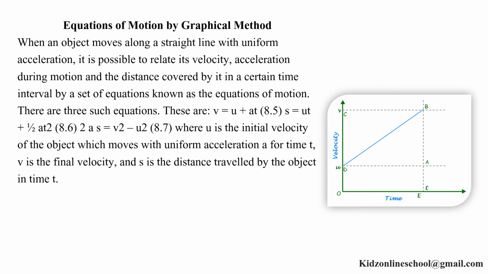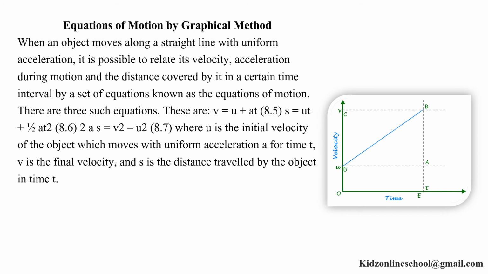Equation of motion by graphical method. When an object moves along a straight line with uniform acceleration, it is possible to relate its velocity, acceleration during motion and the distance covered by it in a certain time interval by a set of equations known as the equations of motion. There are three such equations.